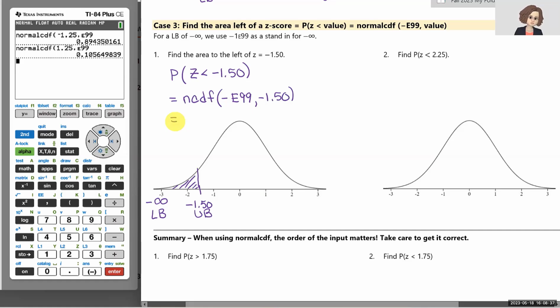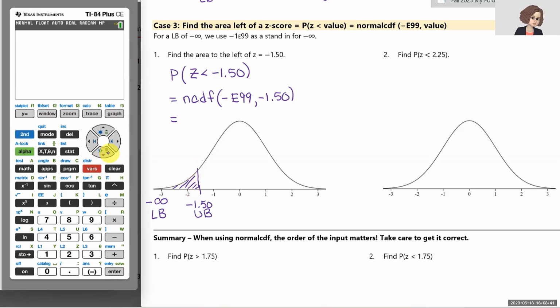That answer should be less than half the picture, so less than 50%, and we'll find that out right now. So normal CDF, negative E99, comma, negative 1.50.